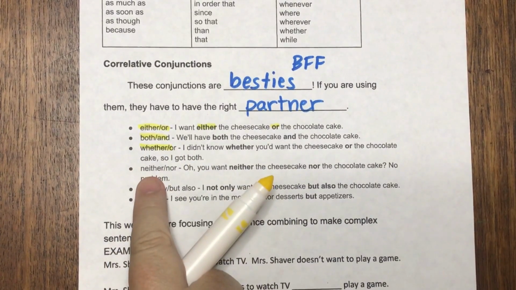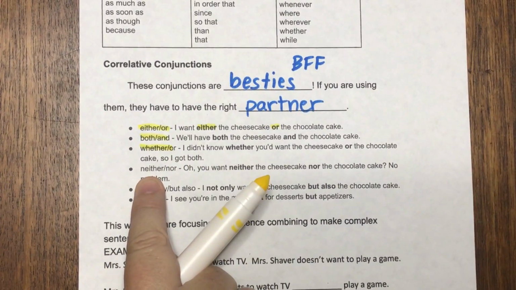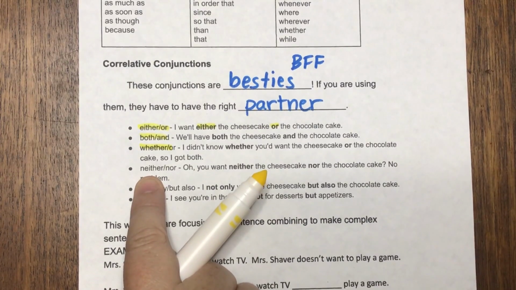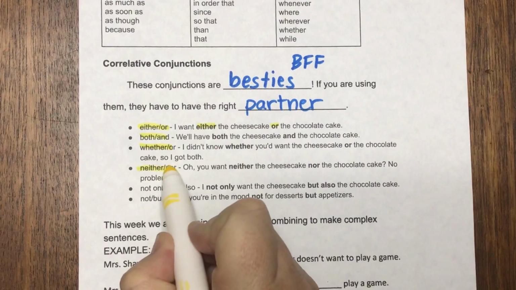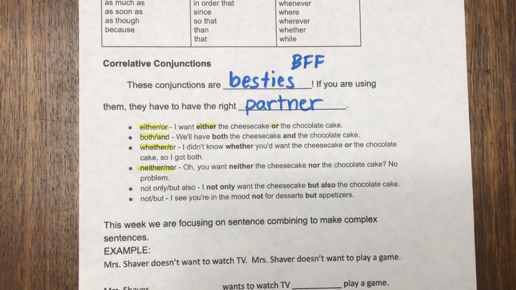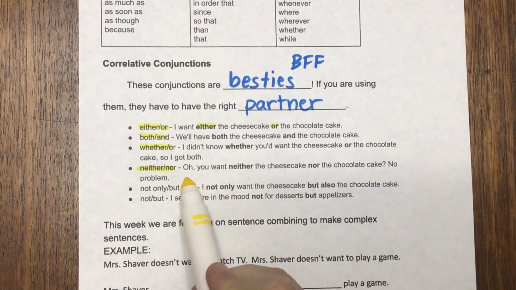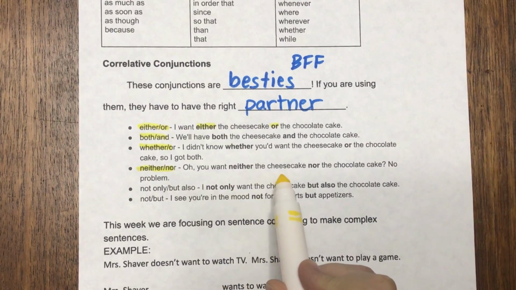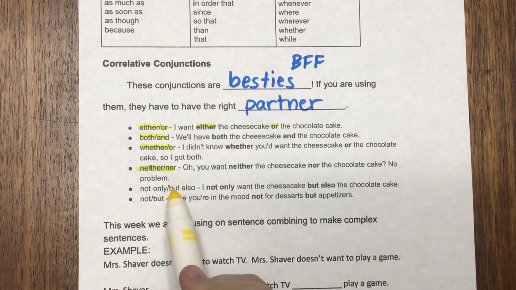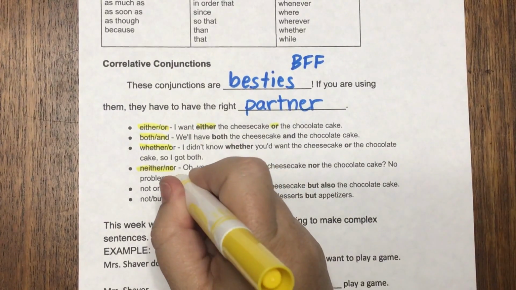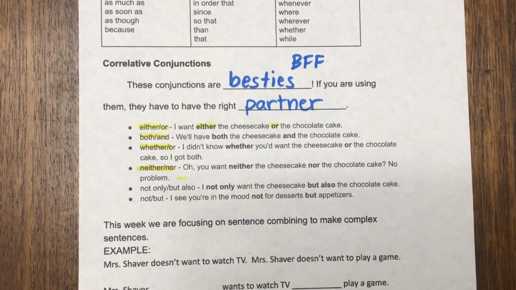And then this one is one we don't hear as much, but you'll see it a lot on tests, and it's neither and nor. It's used when there's something that you don't want. So, oh, you want neither the cheesecake nor the chocolate cake? No problem. I think of it with something negative, something that you don't want.